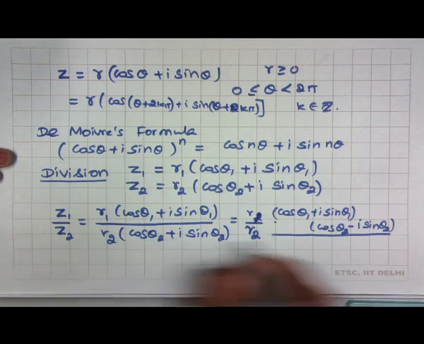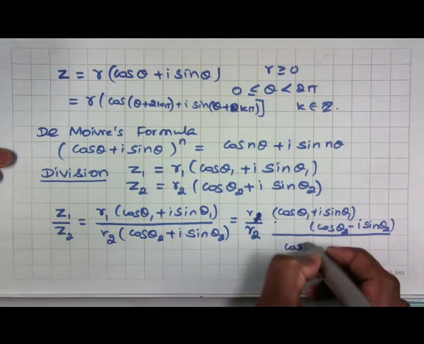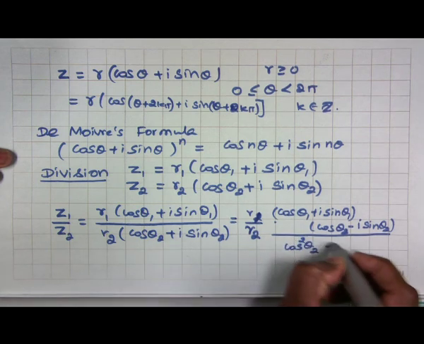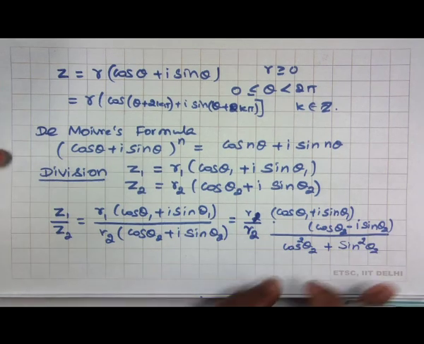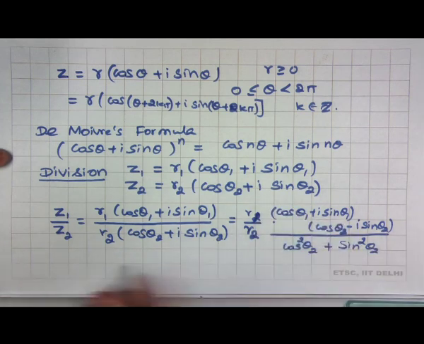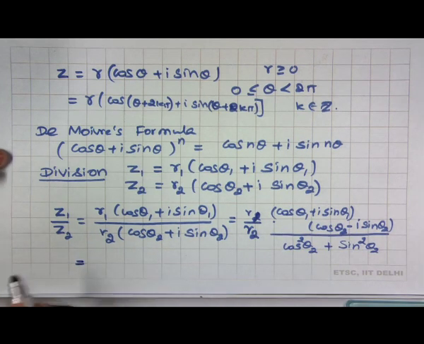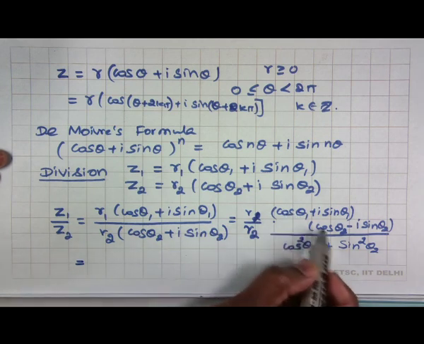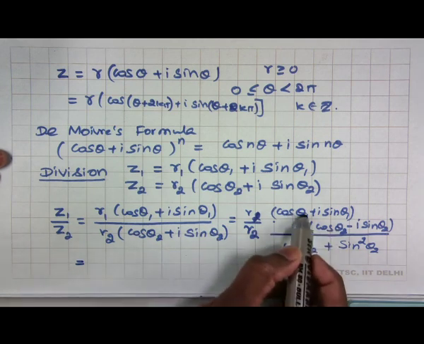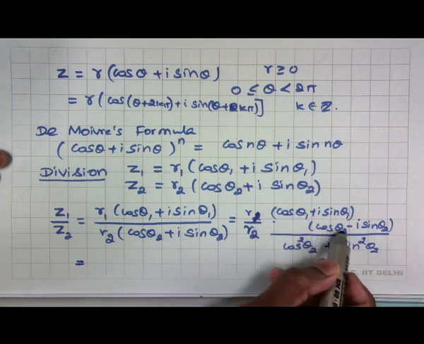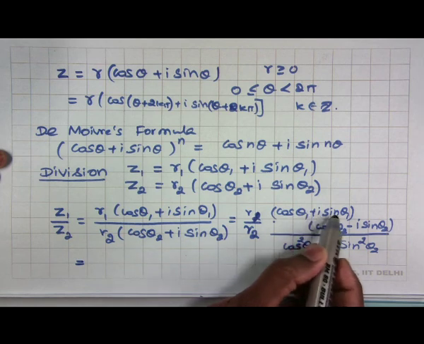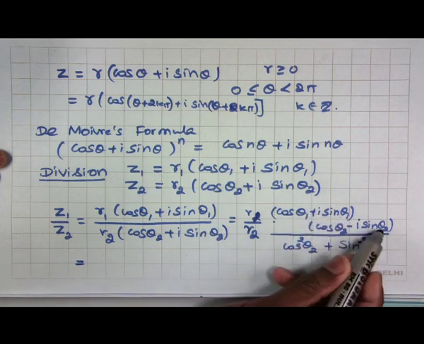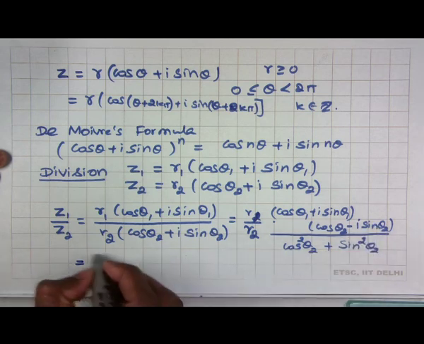So, what we get in the denominator is cos squared theta 2 plus sin squared theta 2, which gives 1, and observe the numerator. Just focus on the real part: cos theta 1 multiplied with cos theta 2, and the other term comes with plus sin theta 1 sin theta 2, that is nothing but cos of theta 1 minus theta 2.